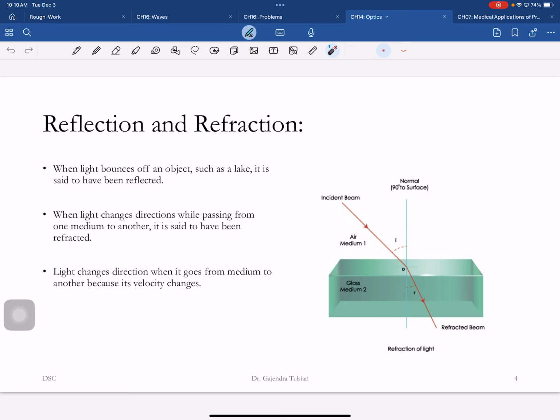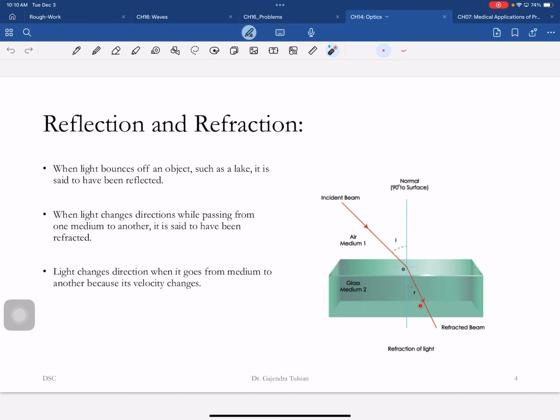So here's a beam of light that is incident on a glass medium. It starts in air and you see that this light bent. This beam didn't travel in a straight line. So when a beam of light travels from one medium to another medium, it will bend, and this is called refraction.